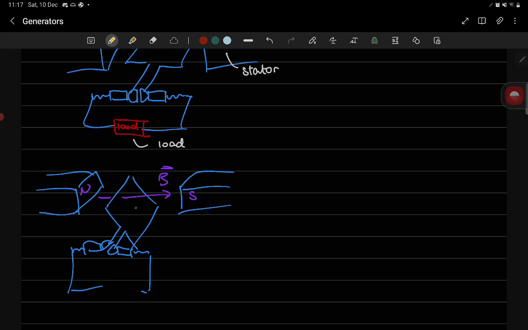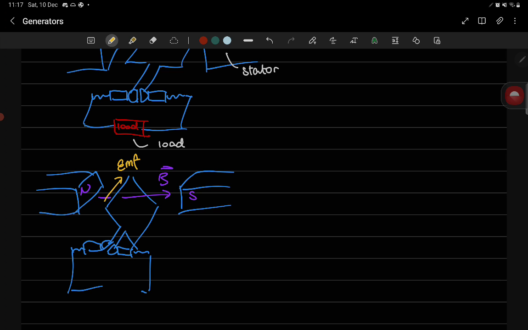So the EMF, or the opposing magnetic field generated, is going to be opposite to this. And in order to do that, it needs to produce an EMF that is in this direction. And you can verify that with right-hand rule. Yep. So the EMF that's generated is going to be in this direction.